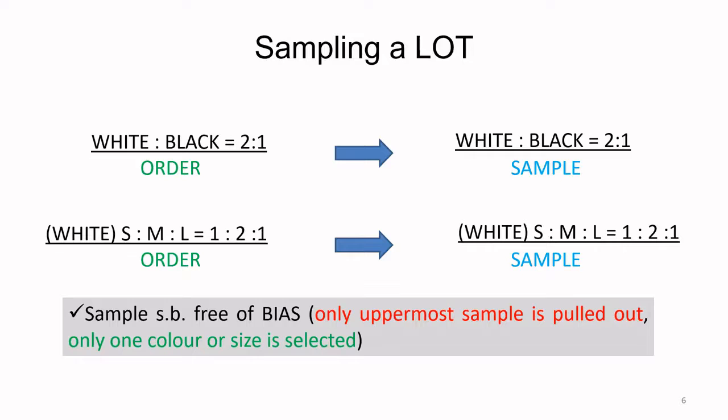Second bias, only one color or size is selected. If you only take out one color, or if you only take out one size, you might miss out on any such defect that may be occurring in other colors or other sizes. So if you want to take out samples which are free of bias, then you should avoid these practices. You should be careful.